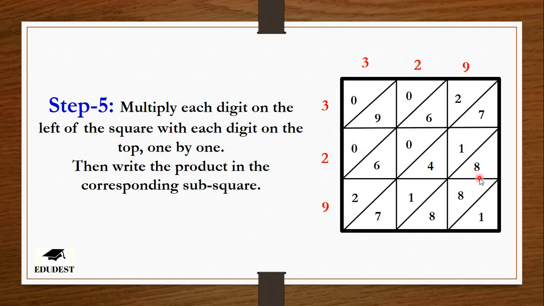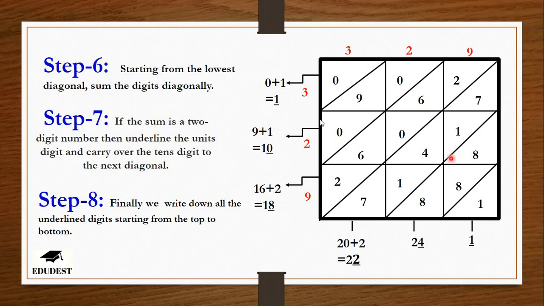Now come to the next step. According to step 6, starting from the lowest diagonal, sum the digits diagonally. That means from this point we need to add all the digits diagonally, like this. Let's start from this diagonal.